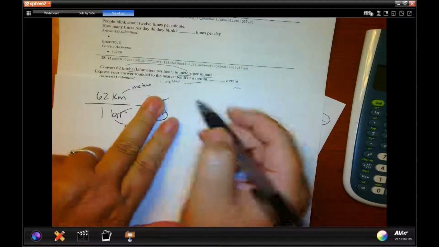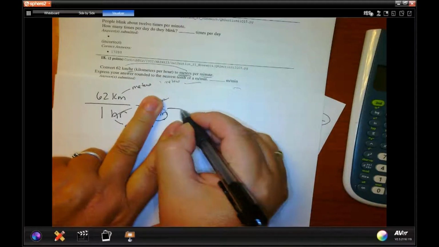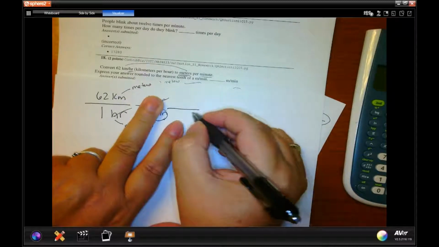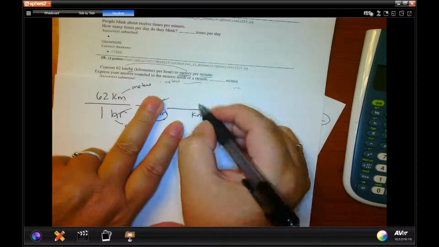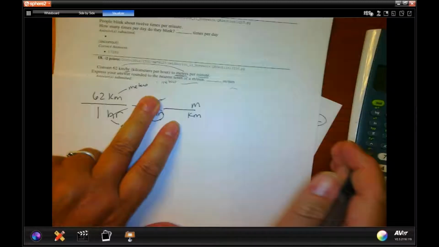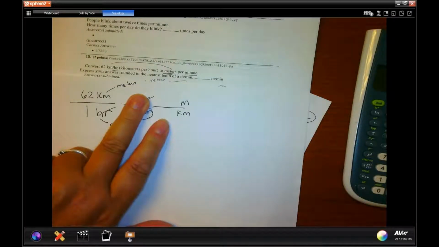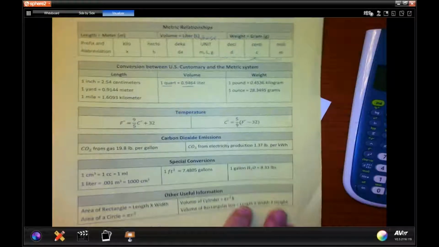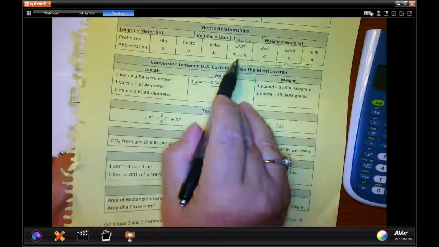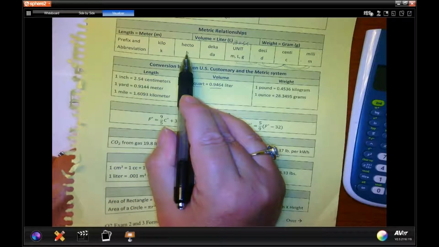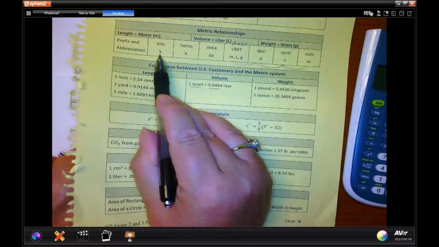Okay, then you can kind of cover it up. Just hold that thought, and now work on the numerator. I need to get rid of kilometers and go to meters. Now you could just work this and then get that answer and use the sliding decimal, but this is a very common one. I hope you know. Your base unit meter is how many kilometers? 10, 100, 1,000.